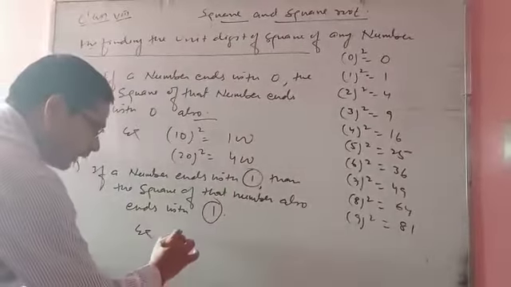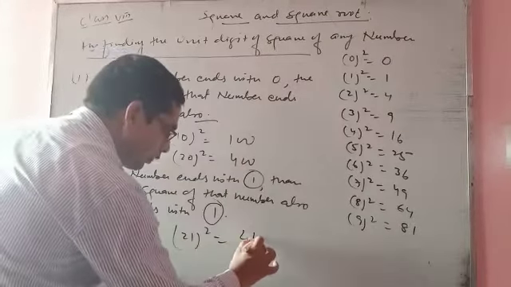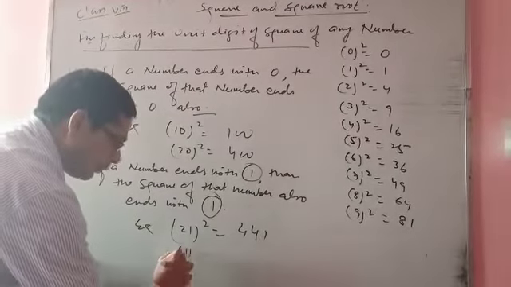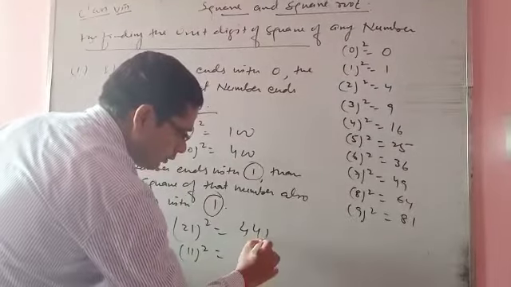For example, 21 square is equal to 441. Here it is 1. You take 11 square is equal to 121. Here it is 1.